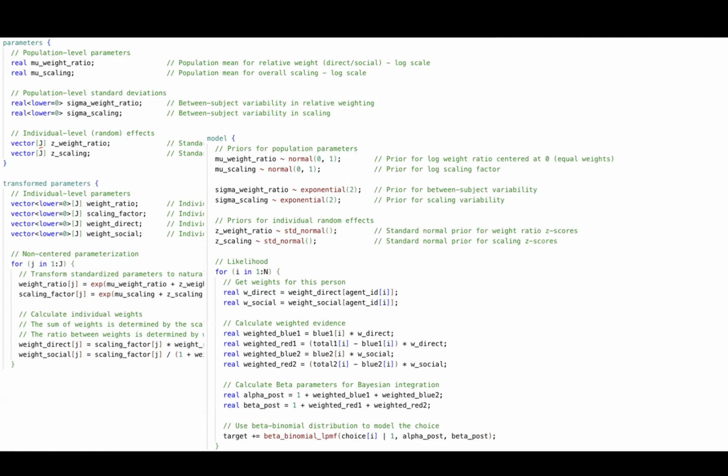And then we say that for each observation, we first extract the weight direct and the weight social for that person. We calculate the evidence at that observation. We calculate the alpha and beta cost, and then we do the beta binomial. Right.